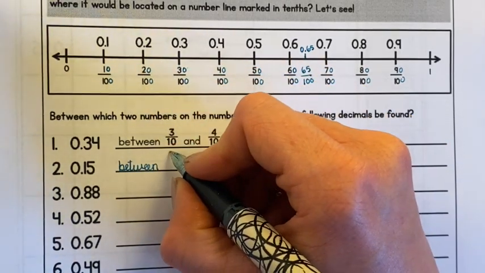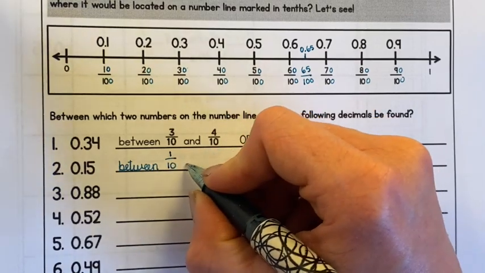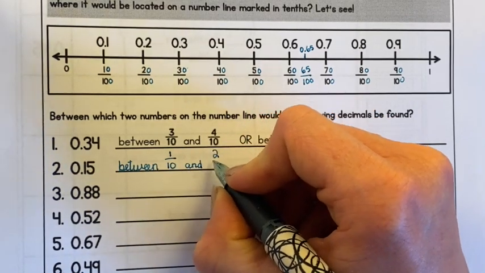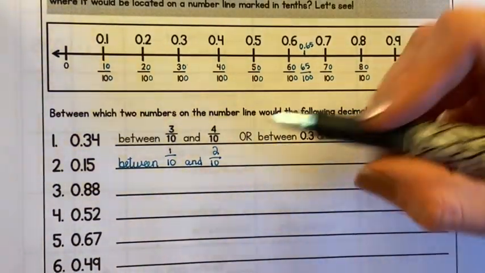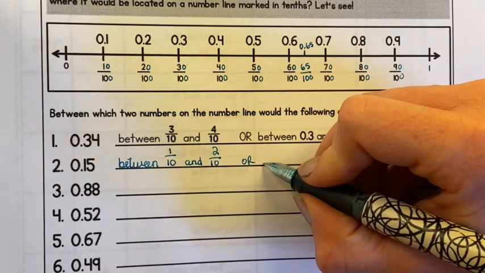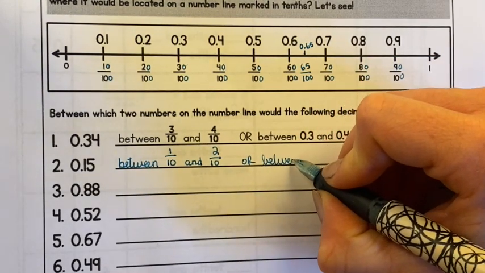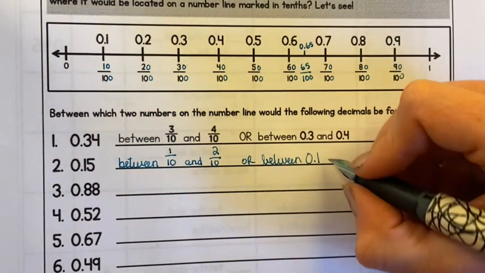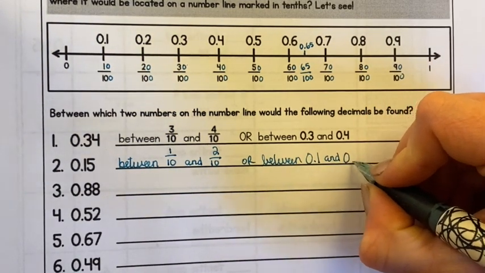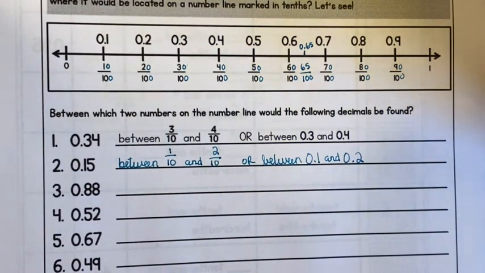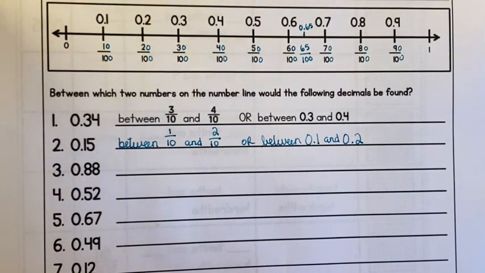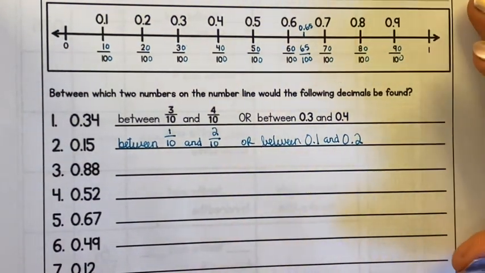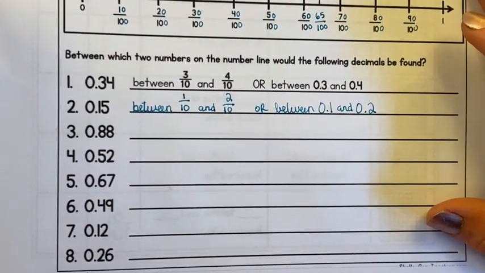Or we could do our fractions: 1/10 and 2 tenths, or 10 hundredths and 20 hundredths, or between 0.1 and 0.2. All right, don't get confused, and don't worry, I'm going to help you with this one. I'm going to work through this whole thing with you. If you're getting it, you can feel free to go on to do it on your own. I am going to work through each one of these with you, though, so don't fret.